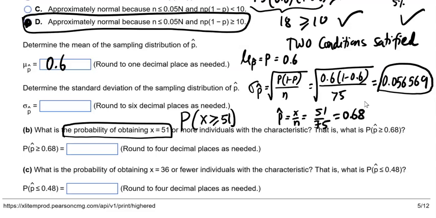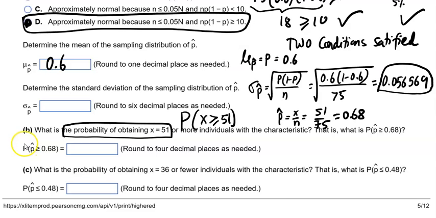That gives you 0.68. So if you use the calculator function to find the probability using normal CDF, we use 0.68 as one of the bounds, not 51, because 51 is the number of individuals with characteristics, but we have to use the sample proportion. So 51 out of 75 is the same as saying 68%. So I use 0.68 here.